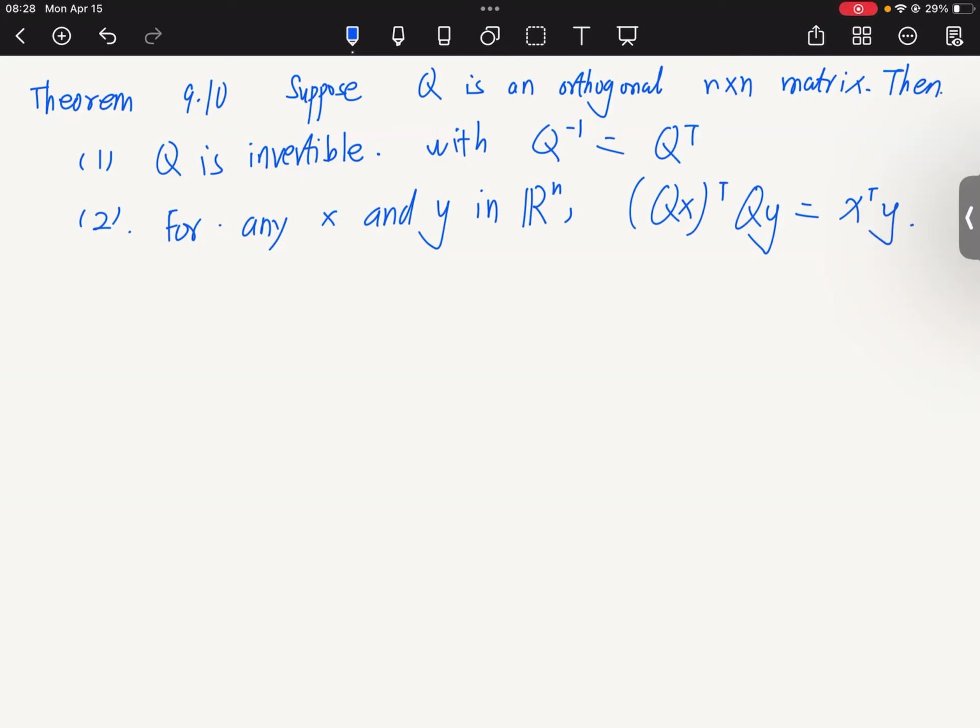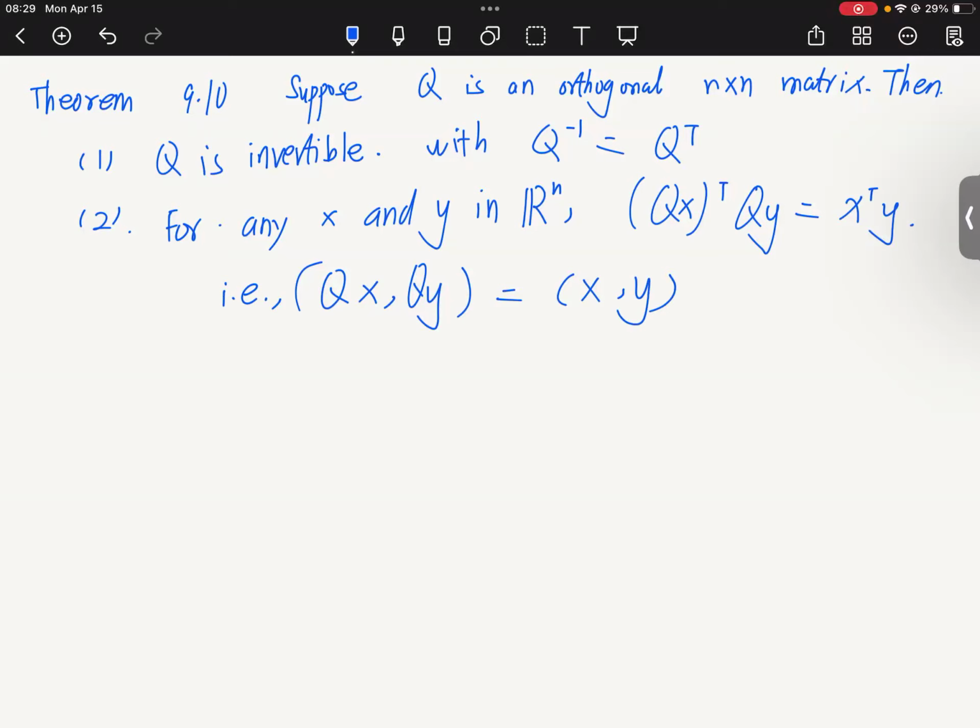So what does it mean? It means that the inner product of Qx with Qy equals the inner product of x and y. And this is another format of this property.